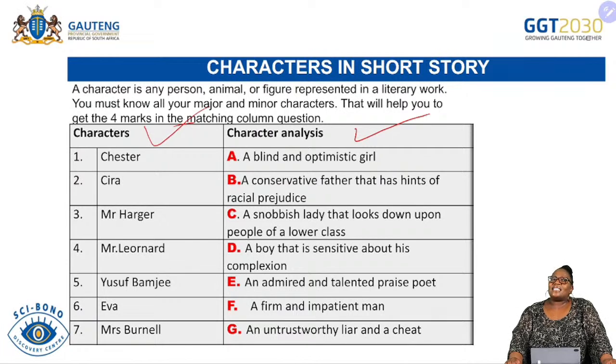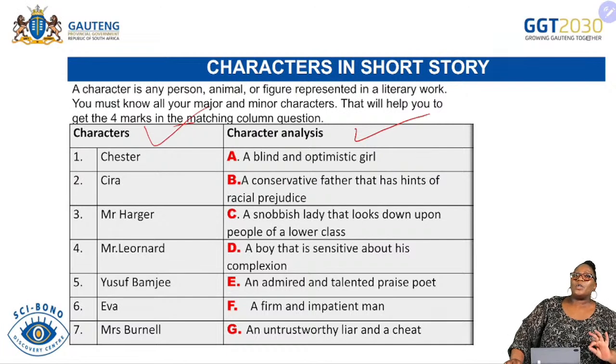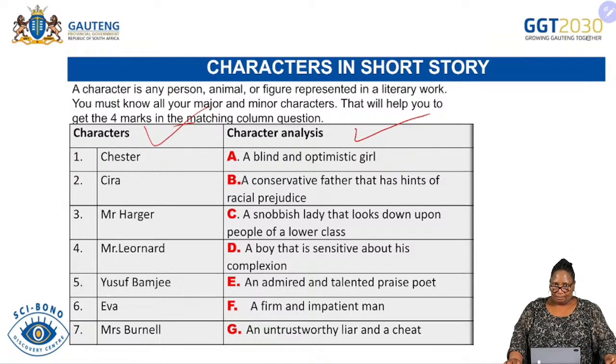An admired and talented praise poet. A firm and impatient man. And an untrustworthy liar and a cheat. So now I'm going to pause and wait for you. I'm going to give you 2 minutes. You work out the answers.